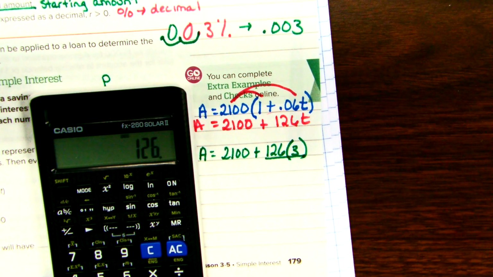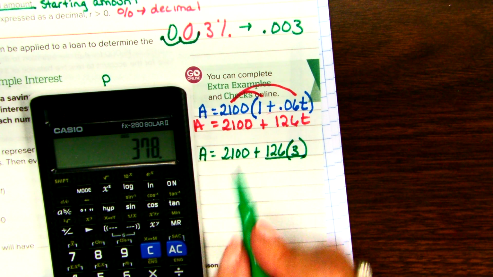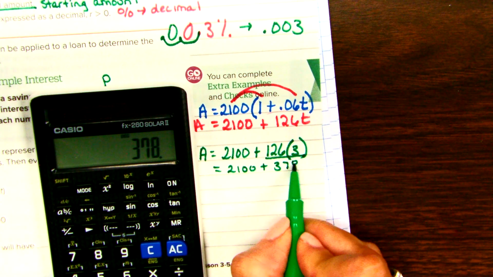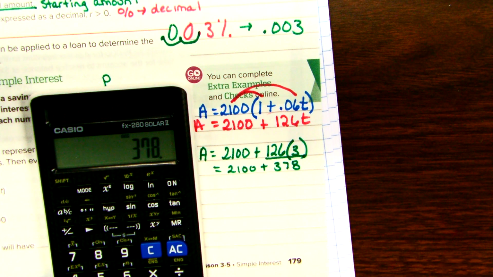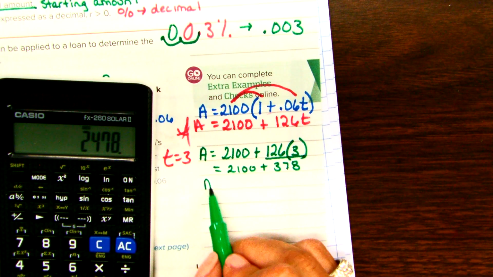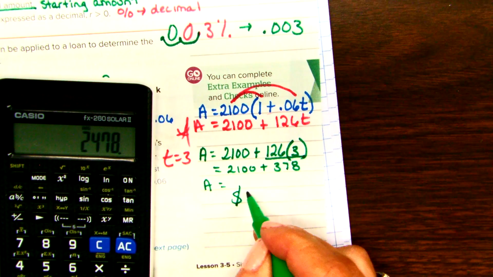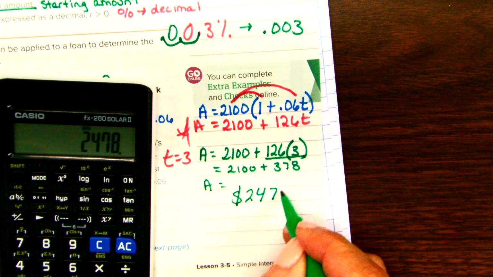You don't have to type it in again. Like I see 126, so I'm just going to do times 3 equals, right? So I get 2100 plus 378. So add 2100 to that. And the amount I will have in my account after 3 years will be $2,478.